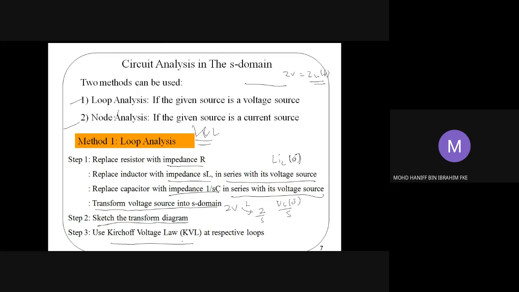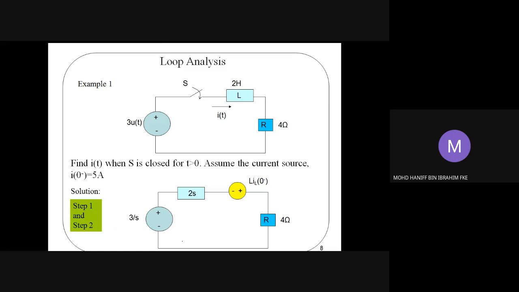Good. Let's have a look at example number 1. We have a circuit with a voltage source of 3 u(t), an inductor of 2 Henry, and a resistor of 4 ohm.